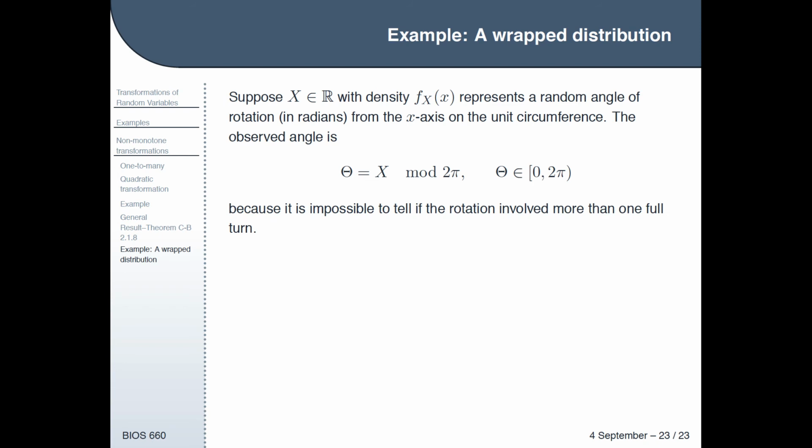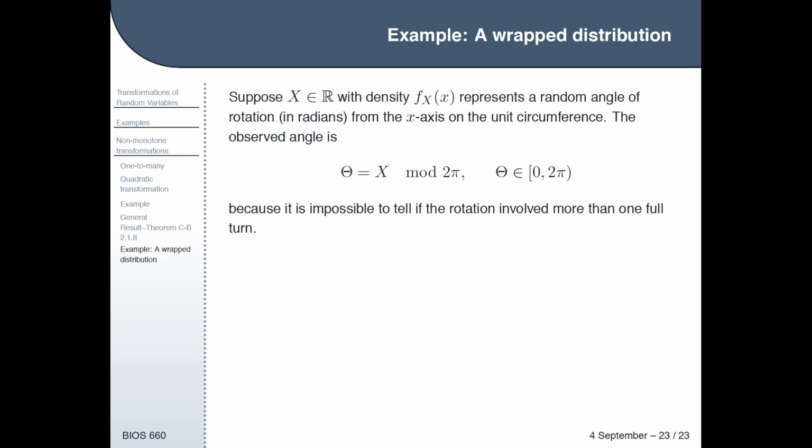Say that we have some density function that represents a random angle of rotation from the x-axis on the unit circumference in radians. The angle that we observe will just be x modulo 2 pi, because if we observe a 45-degree rotation, which would correspond to pi over 4, you can't tell if you did a full rotation before you got to 45, or 2 full rotations, or 3 full rotations.